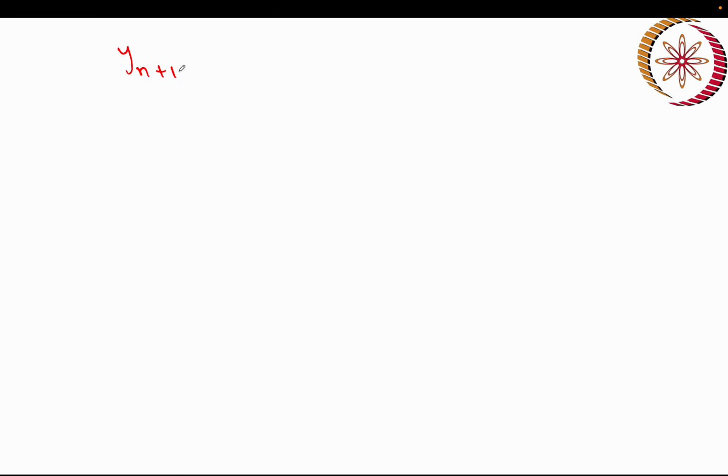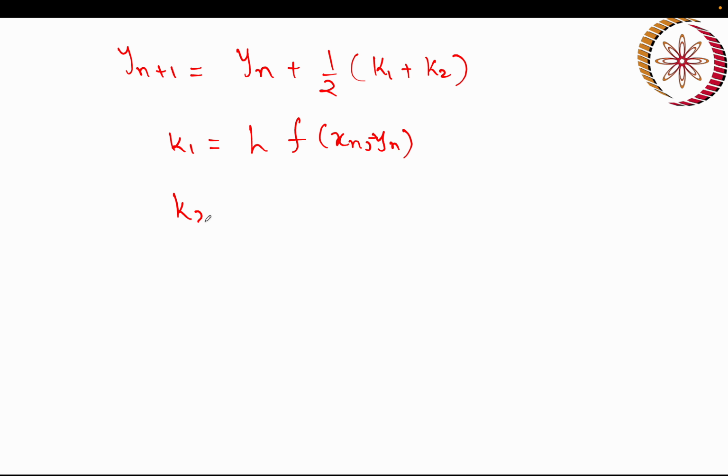In this case, yn plus 1 is equal to yn plus half, k1 plus k2, and k1 is h times f of xn, yn, and k2 is h times f of xn plus h, comma yn plus k1, since h is already multiplied in k1.